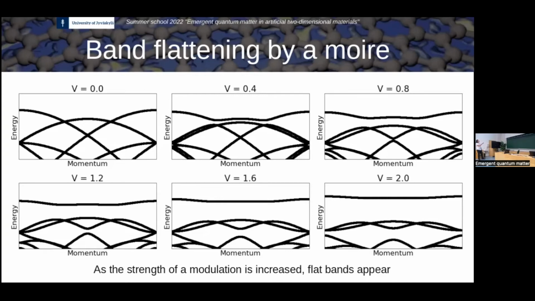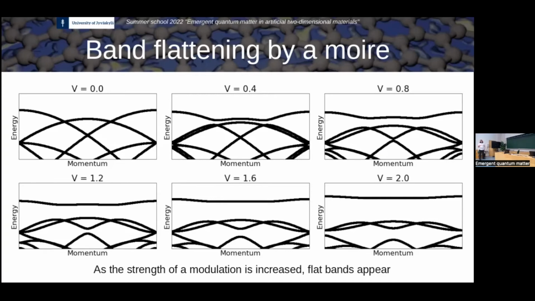As you start switching on the potential, you see that the splitting between the mini bands increases. At zero potential, you don't have any splitting, and then as you put a bigger and bigger coupling between the two layers, your splitting becomes bigger and bigger. And what is even more important for us is that as you switch on the coupling between these two layers, your bands get flatter and flatter.